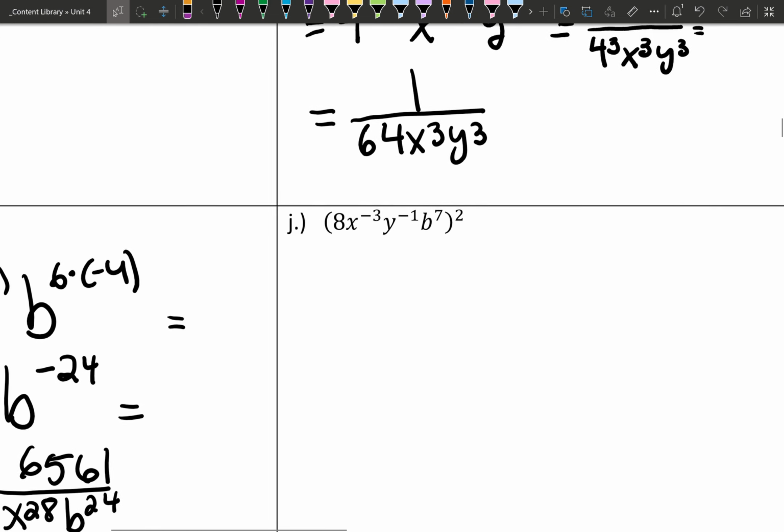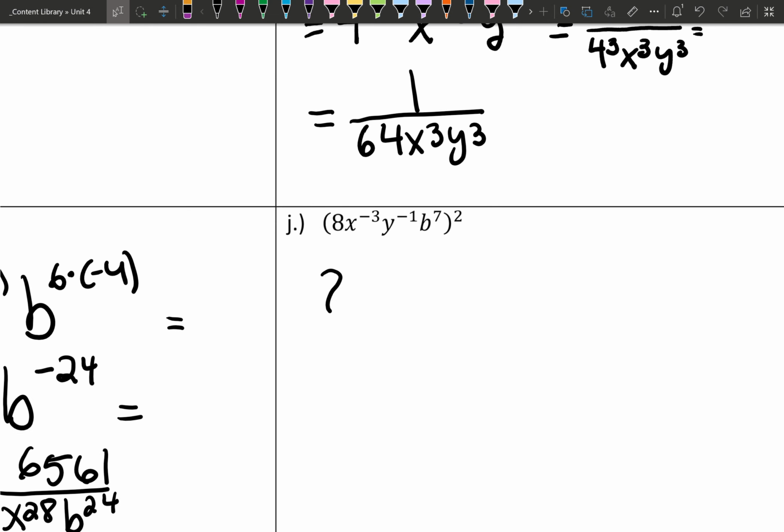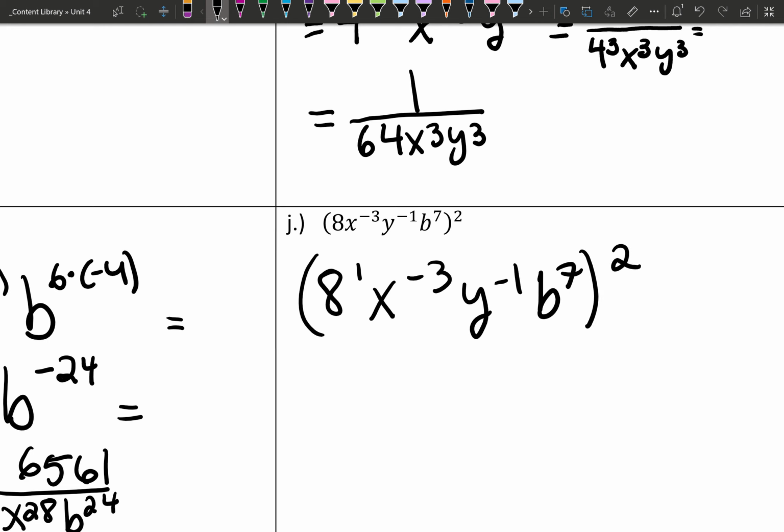Okay, letter J. Looks like I'm going to have to rewrite it because that 8 does not have a 1. Okay, let's multiply all of these powers by the power of 2. We've been very efficient. Let's just multiply right away. 1 times 2 is 2.